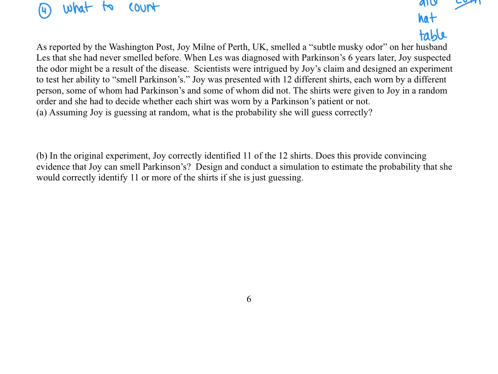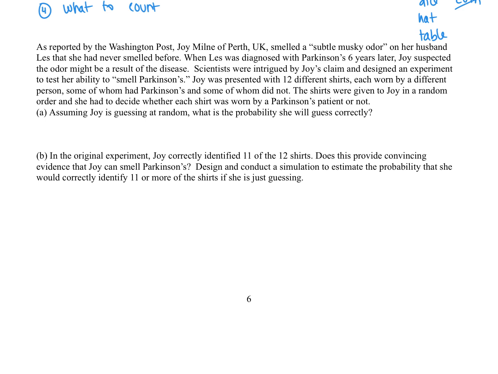She was given 12 different shirts, just randomly. She smelled them, and the question was, does that person have Parkinson's disease or not? Out of those 12, she identified a certain number correctly. Before I tell you how many, if she's guessing at random, what is the likelihood that she would guess correctly if the person has Parkinson's or not?